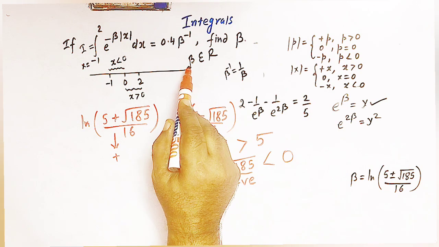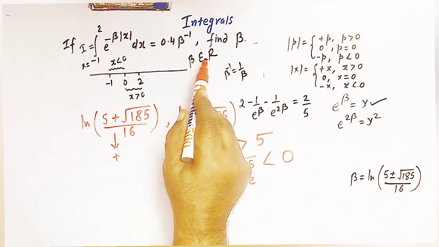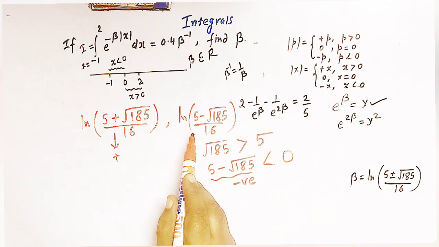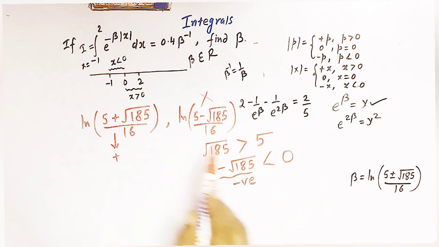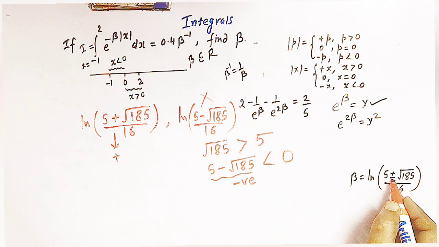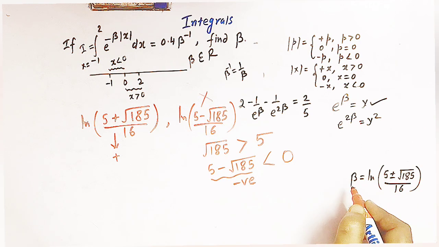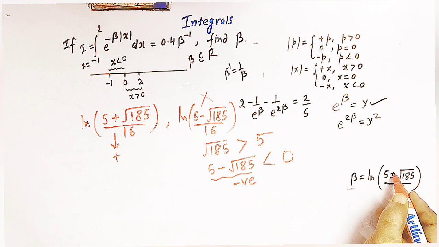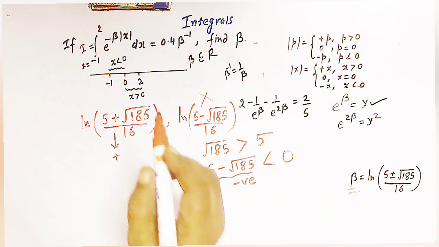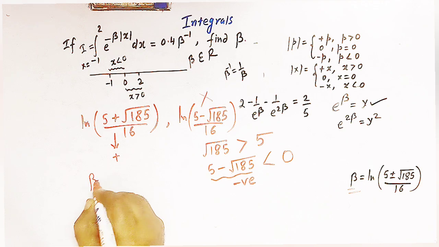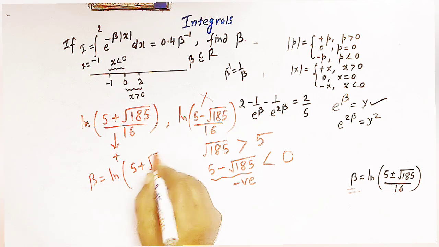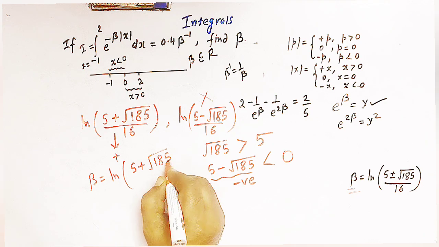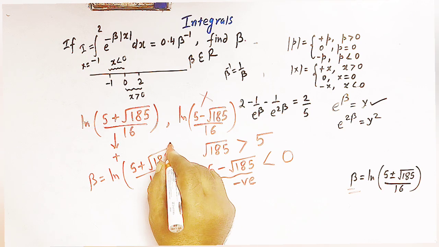So here beta should belong to the set of real numbers. So we have to discard this value of beta, that is, we have to discard the negative sign here, and we have to accept only the positive sign, right? So the required value of beta is now given by natural log of 5 plus square root of 185 over 16.